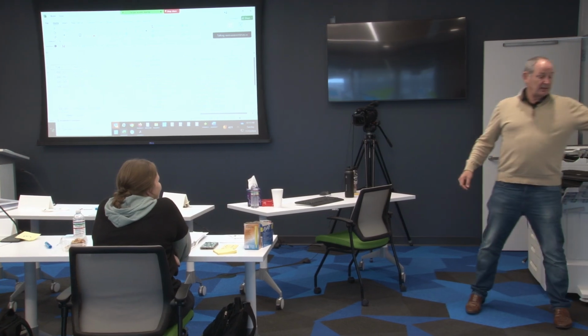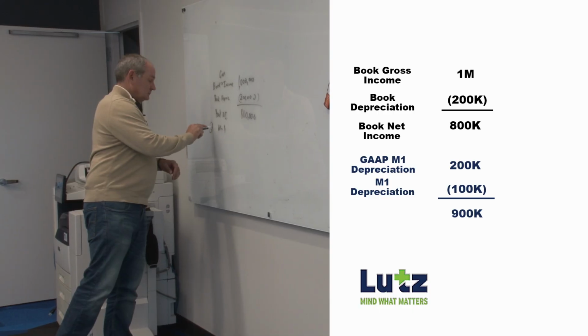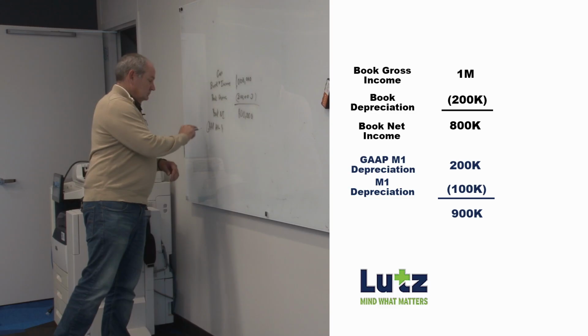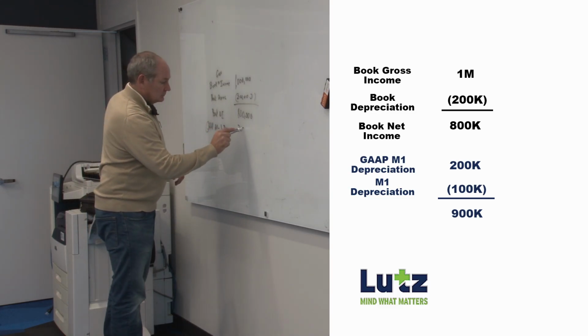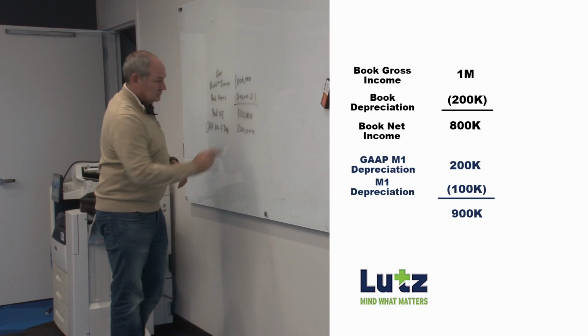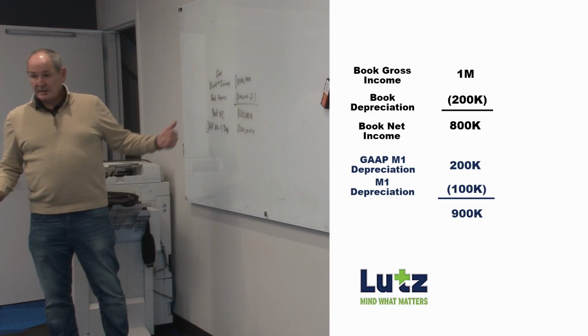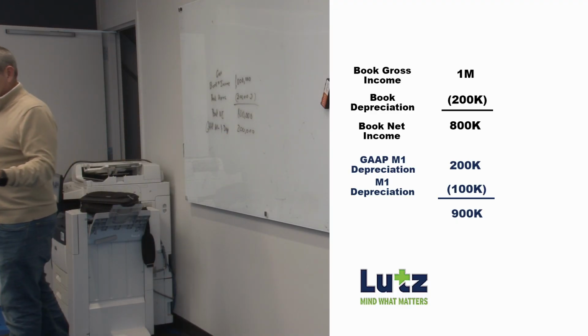To arrive at taxable income for M1, well, yeah, add that. Well, why all of it? Because now we're going to deduct tax depreciation, are we not? Oh, you're just breaking it out into two. And I'm doing it for a specific reason. Okay? How much is my tax depreciation? Okay?